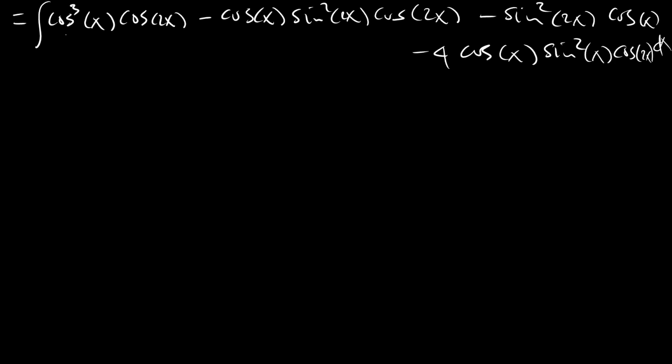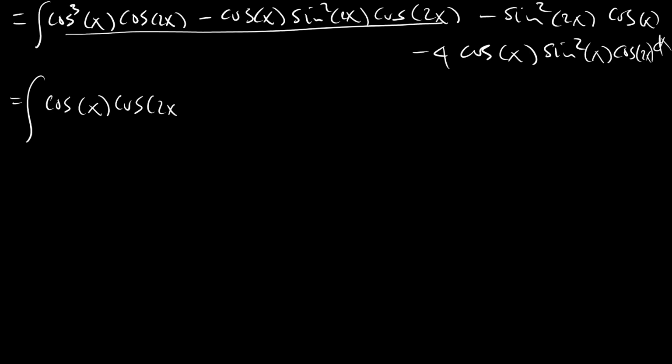Okay, so focusing on this part, we can pull out cosine of x and cosine of 2x. And so we are left with cosine squared x minus sine squared of x.